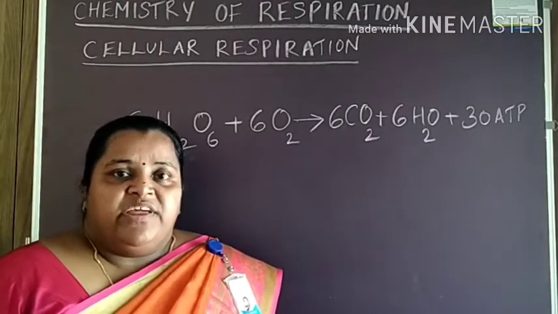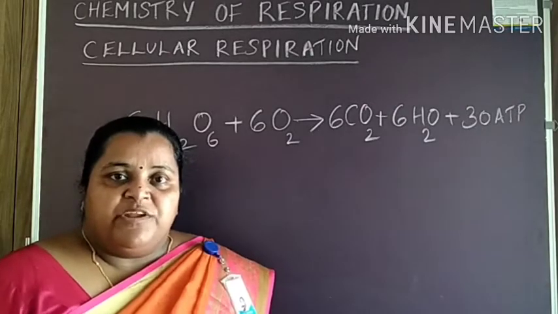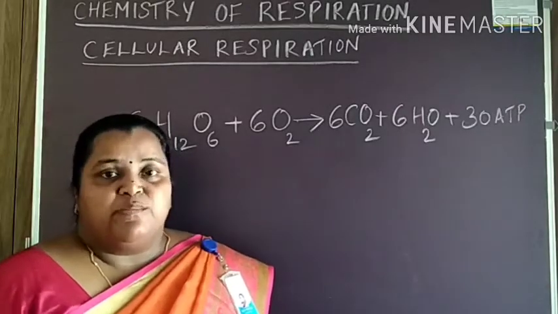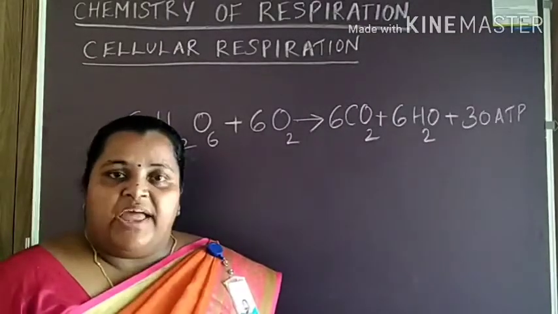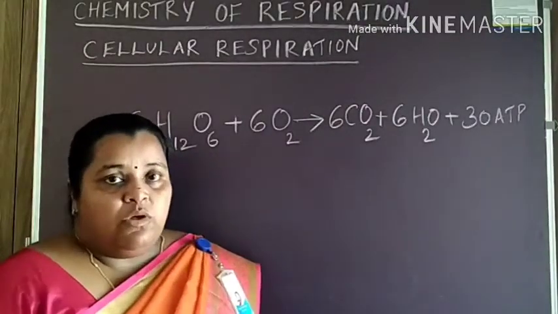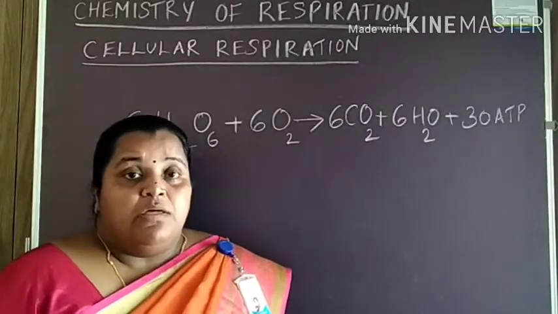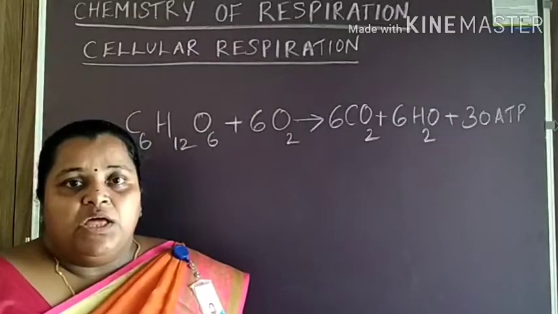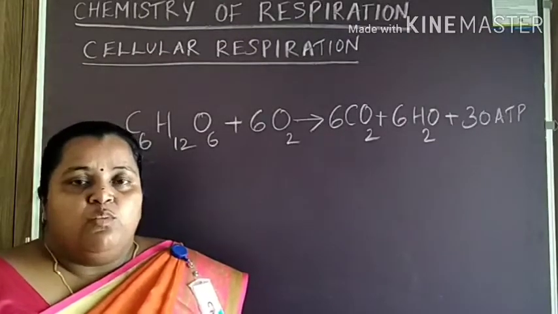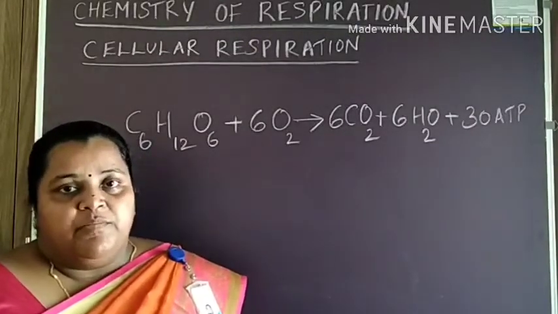Can we formulate an equation for cellular respiration? We know the substrates required for cellular respiration are glucose and oxygen. So, the formula will be glucose combines with oxygen to give carbon dioxide, water and ATP.